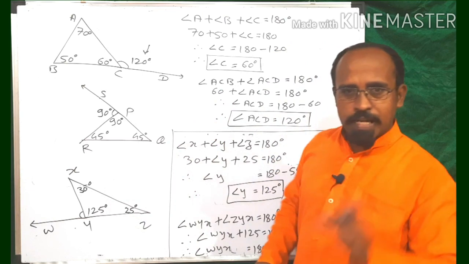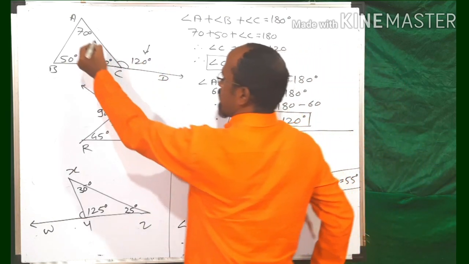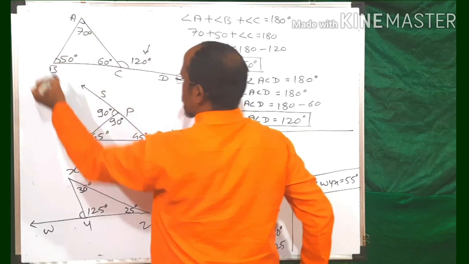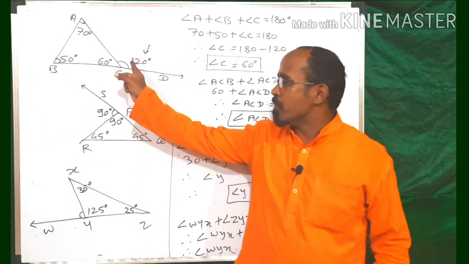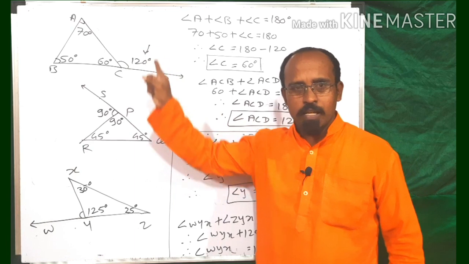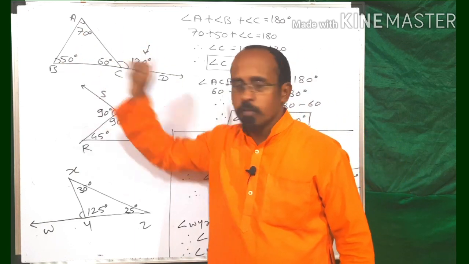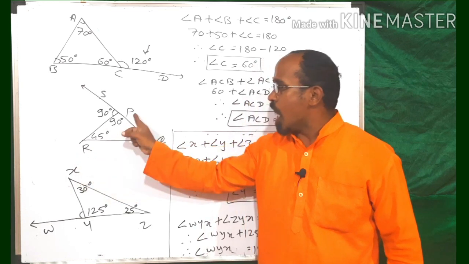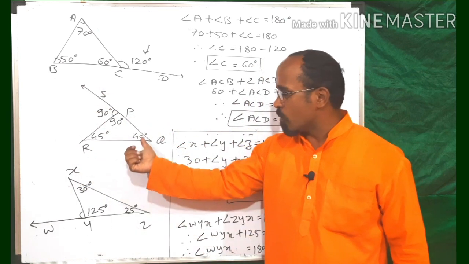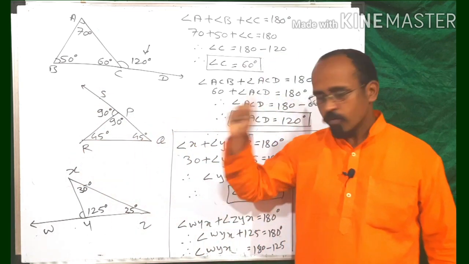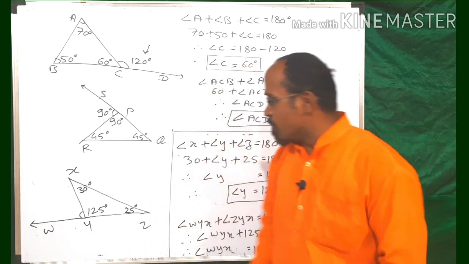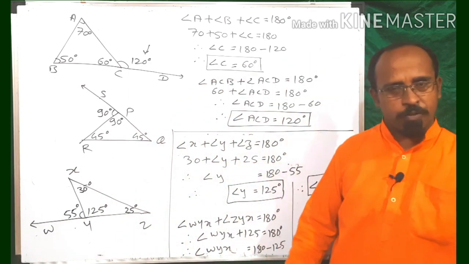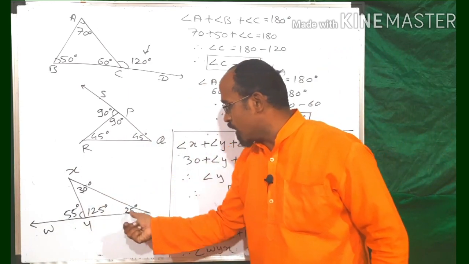Is there any pattern between the measurement of angle ACD and the measurement of angles A and B? Is there any pattern between the measurement of angle RPS and the measurement of angles R and Q? Is there any pattern between the measurement of angle WYX, which is 55, and the measurement of angles W and Z?